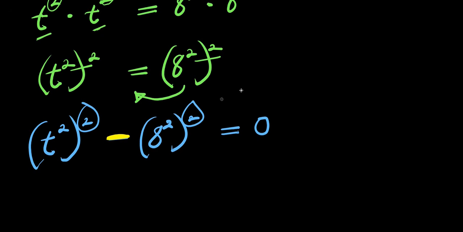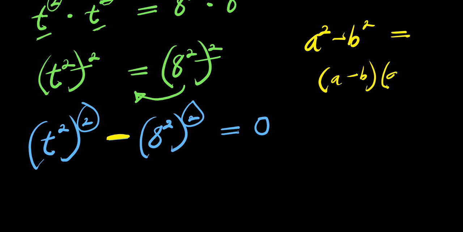We can apply difference of two squares. You have a² minus b², and this equals a minus b times a plus b. And in this case, a equals t² and b equals a².